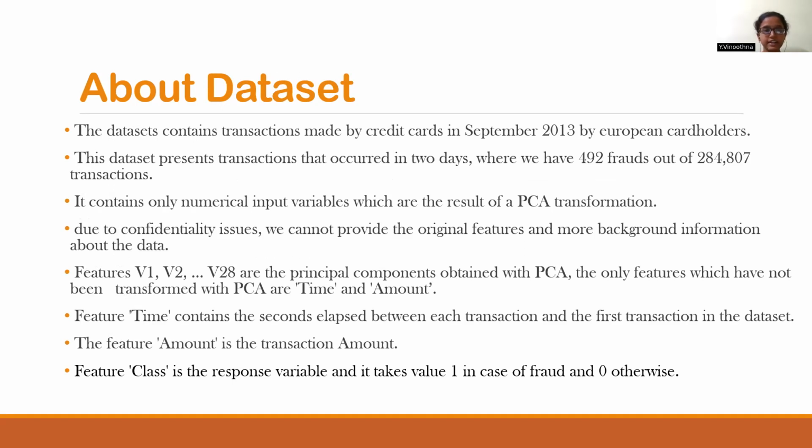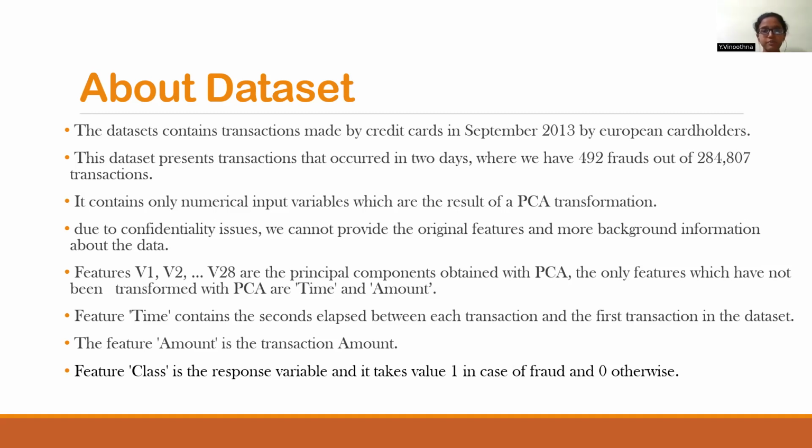This dataset presents transactions that occurred in 2 days, where the number of transactions included in the dataset is 284,807, which contains 492 frauds. The specialty of this dataset is that it contains only numerical columns, which are the results of a PCA transformation. Due to confidentiality issues, the original dataset is not provided.